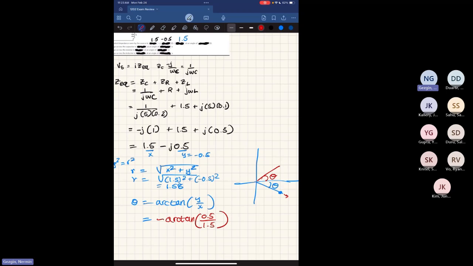So plugging that in, that should give us negative 18.434 degrees.